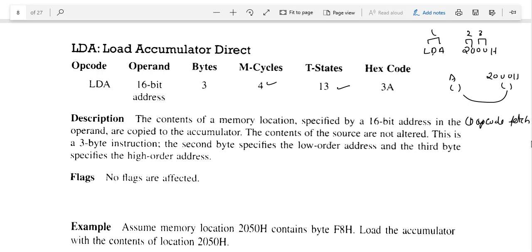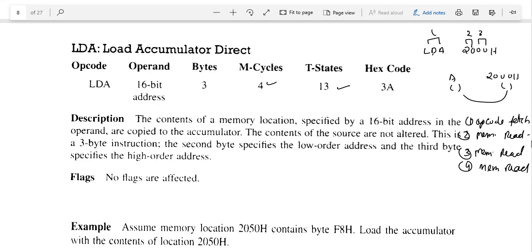Opcode fetch, memory read, again memory read, and again memory read. This is the operation that is carried out by the instruction. So opcode fetch has 4 T states, 3, 3, and 3, which means 9 plus 4, 13 T states.